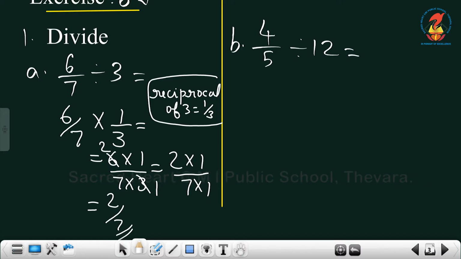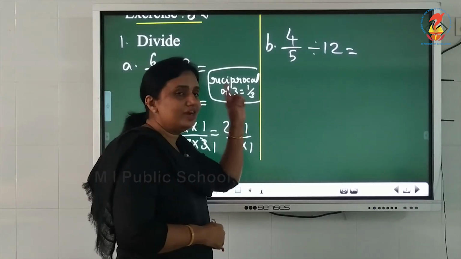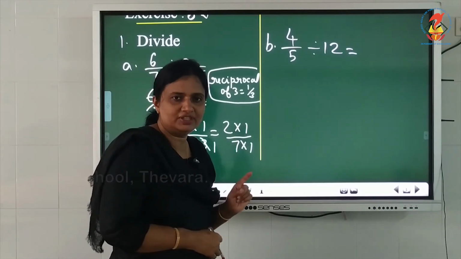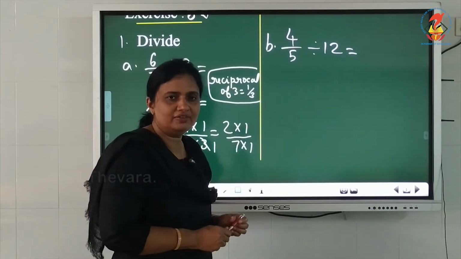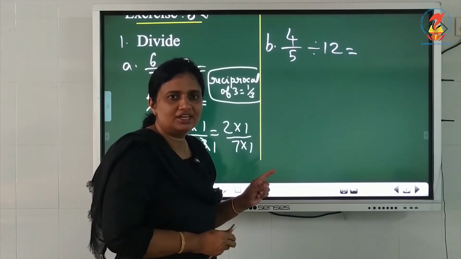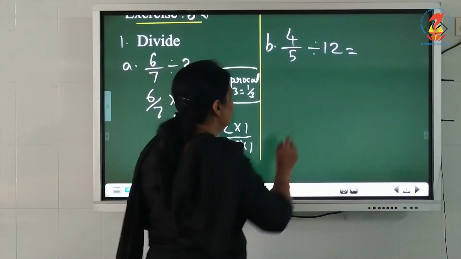Okay. And the next one is 4 by 5 divided by 12. Which one is the divisor here? 12. I need to take the reciprocal of the divisor. Reciprocal of 12 is what? 1 by 12. Okay.